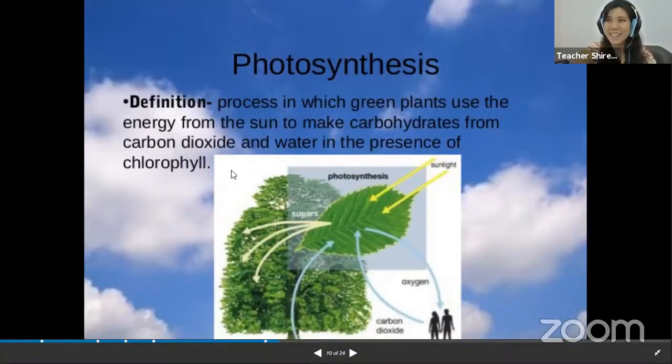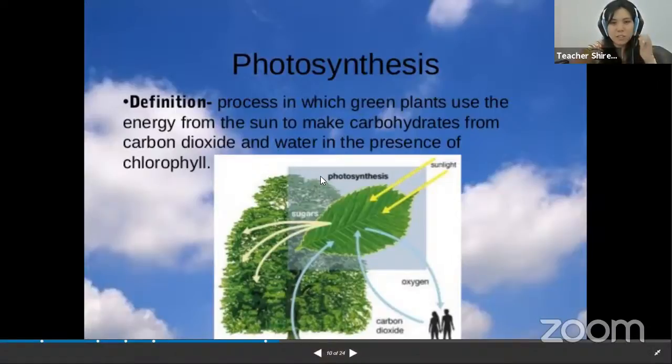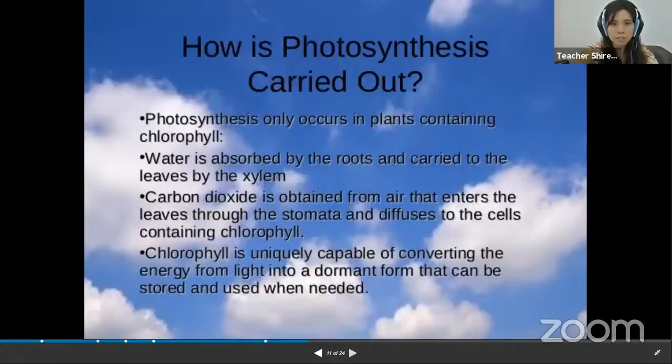It helps them be green in color. So the green plant uses the carbon dioxide and the sun with the water, and together with the chlorophyll, creates food called carbohydrate.